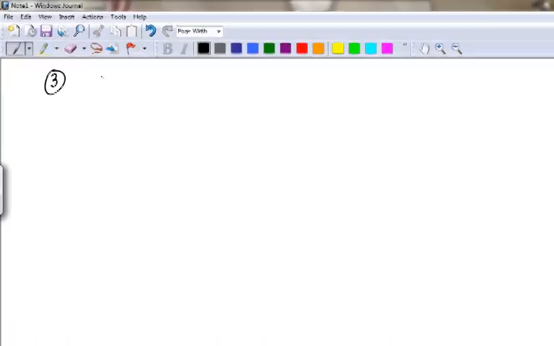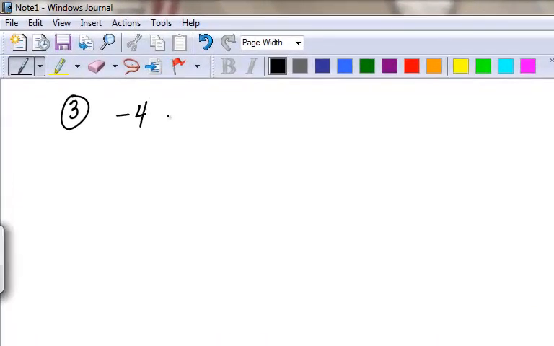Okay, number 3. Say I give you negative 4 minus 5 minus 2 times, use a dot for times, 3 squared. Okay, so order of operations, there are no parentheses. Next thing you do is any exponents. So negative 4 minus 5 minus 2, 3 squared, 3 times 3 would be 9.